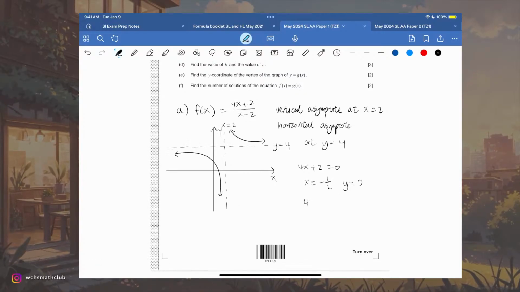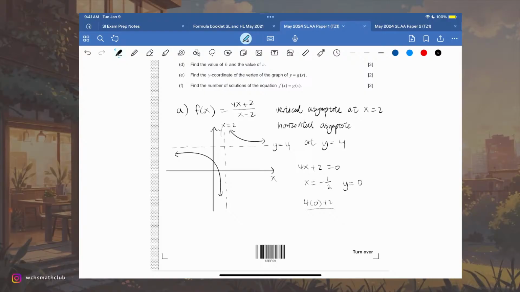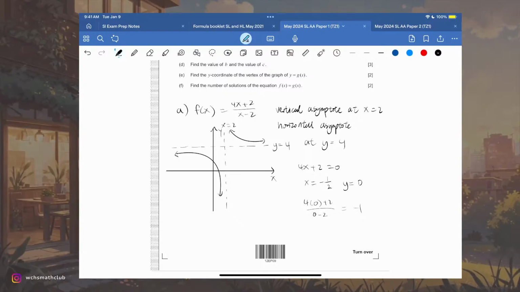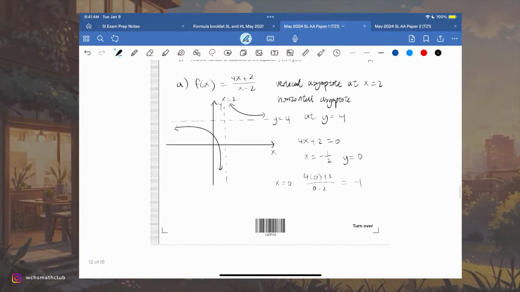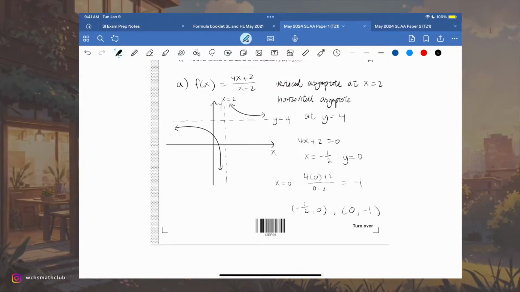So 4 times 0 plus 2 over 0 minus 2, so we get -1. And here the x is 0. So this gives us that one of the intercepts is at (-1/2, 0). The other one is at (0, -1). So we just label them here.